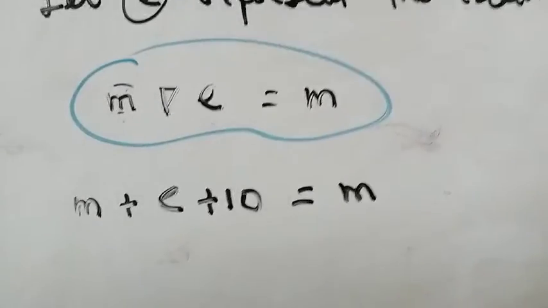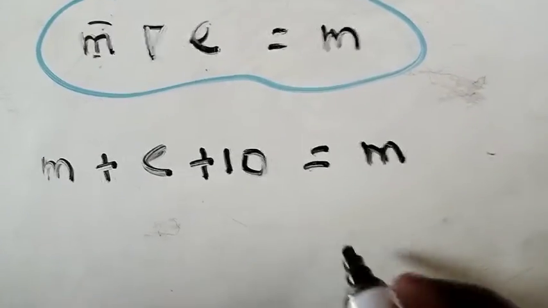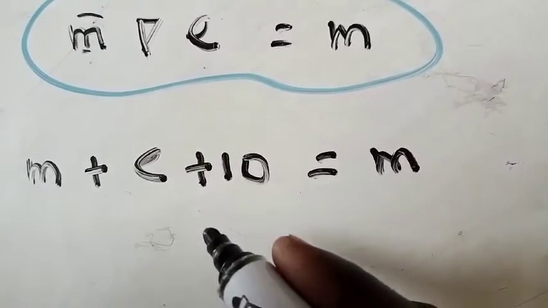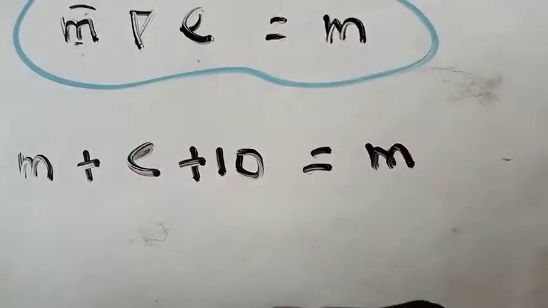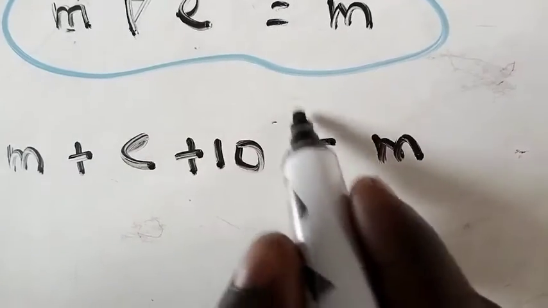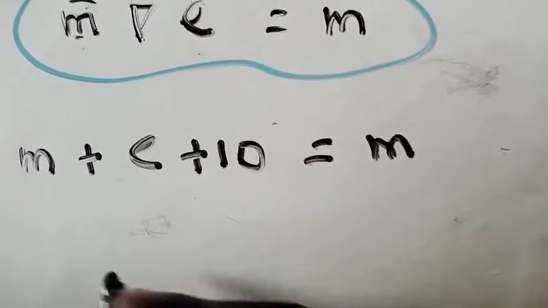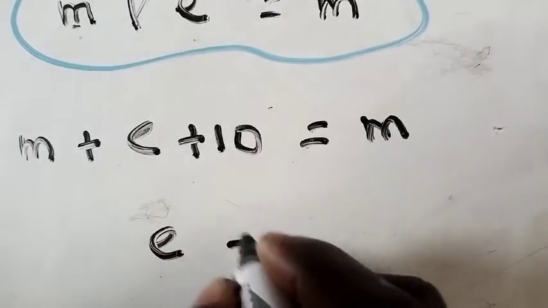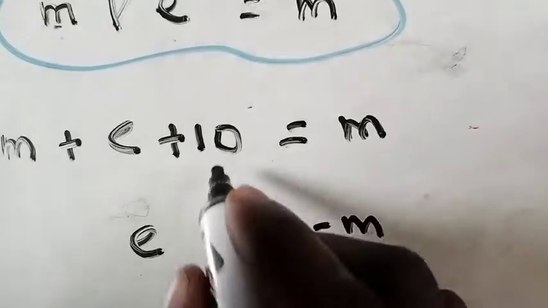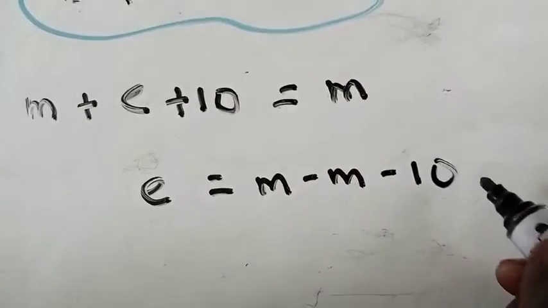Here you have to do some simple algebra. We are looking for the identity element, which we represent by E. So you can subtract M and then subtract 10, and do the same thing on the right-hand side. So you are going to have E equal to M minus M minus 10.